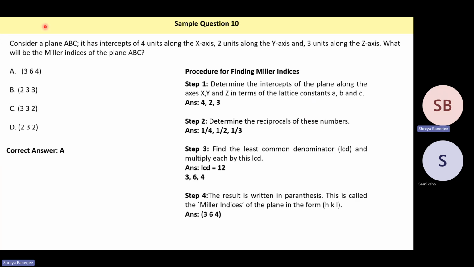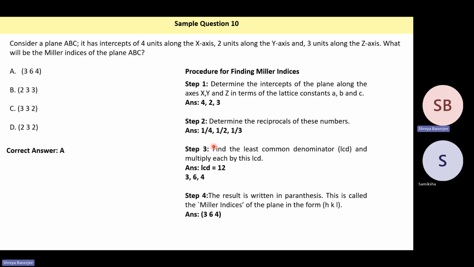So for Miller indices, there are 4 steps. In the first step, you have to determine the intercept along the x, y, and z axis. The question is saying intercept of 4 along x, 2 along y, and 3 along z. So 4, 2, 3. The second step, you have to take the reciprocal. So 1 by 4, 1 by 2, 1 by 3. Third step, you have to multiply each of these by the least common denominator.